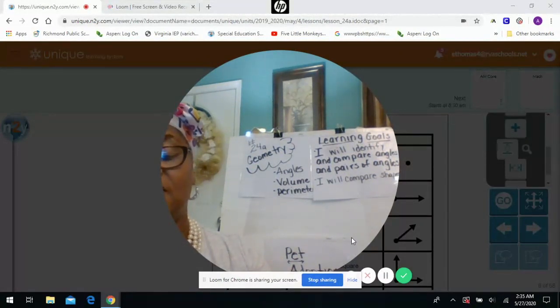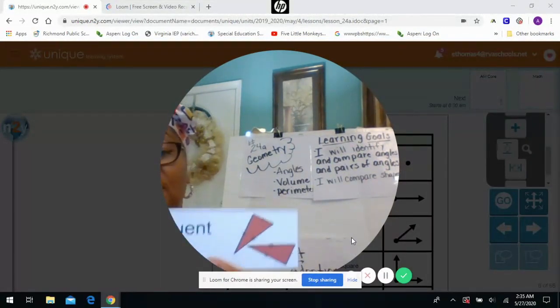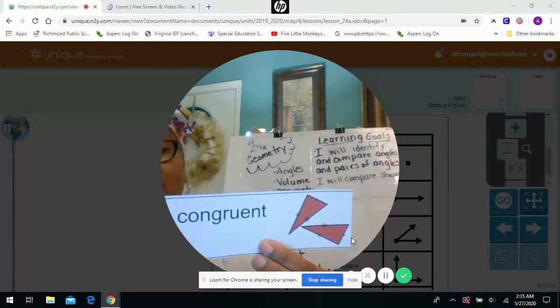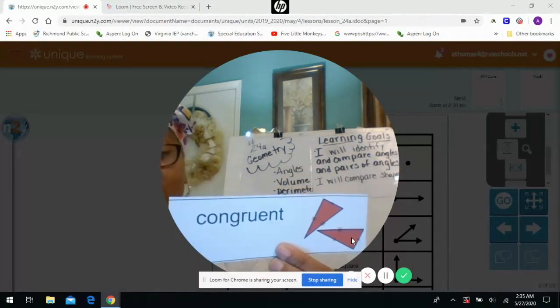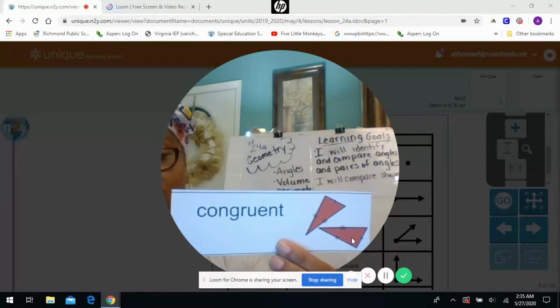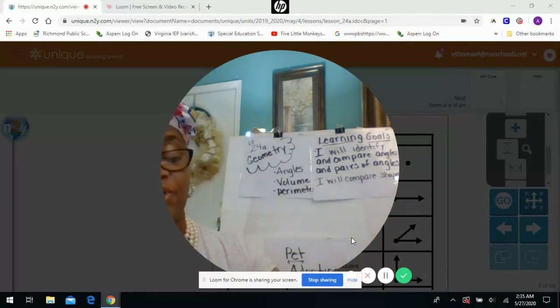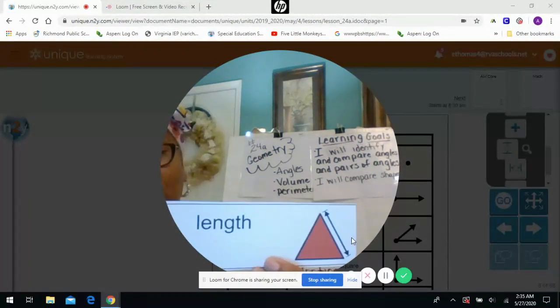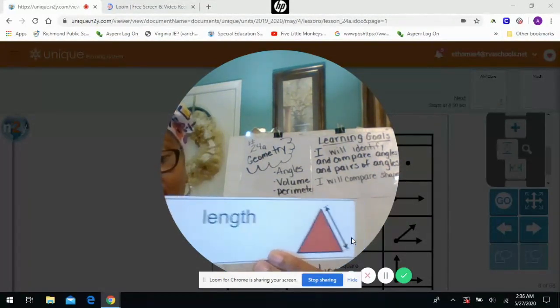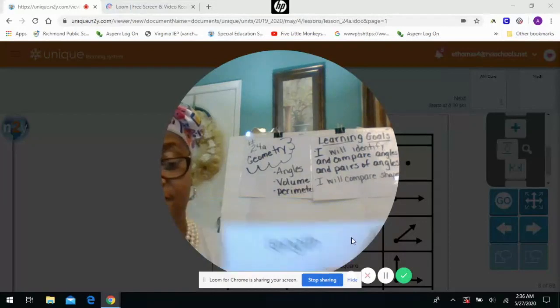This is congruent, meaning it's the same size and shape. No matter how you arrange it, it's still the same size and shape, congruent. Length is the measure of something from one end to the other end. Length.